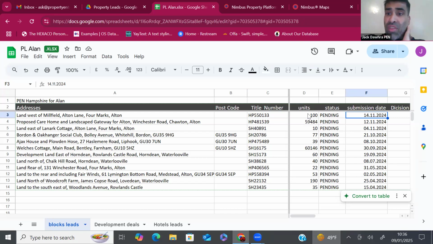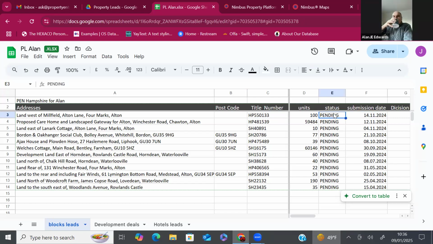Now this lead, you don't need to do anything till it is granted, guys. It's a 100-unit lead. Someone has to get the permission, develop the site before you can go and approach this guy, say, would you like help with management? You have to wait for at least 24 to 36 months for this.